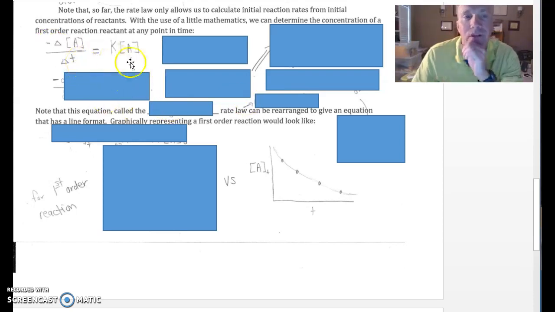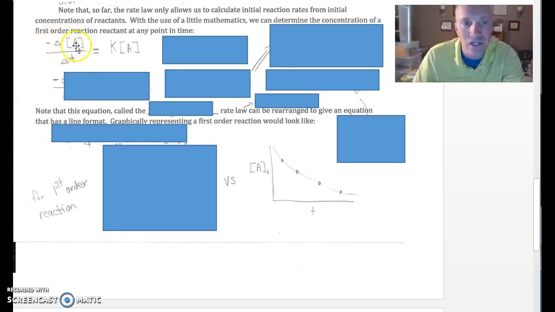So let's start off with what we know. First of all, let's focus on the left side right here. This is an expression for rate. Remember, when we're talking about measuring the actual rate of a reaction, we can only measure what we can see. So we can either see the disappearance of a reactant or the appearance of a product, and this is focused on the disappearance of a reactant.